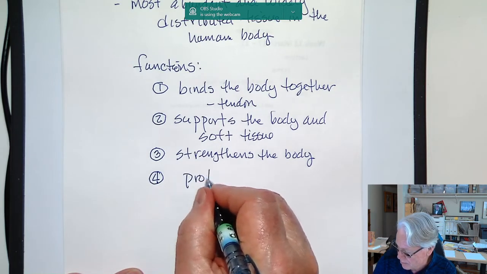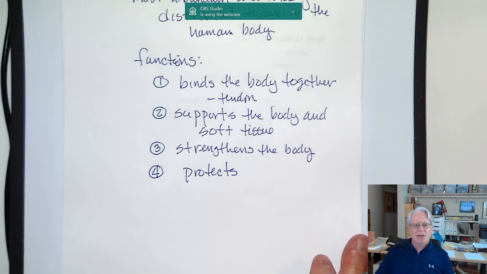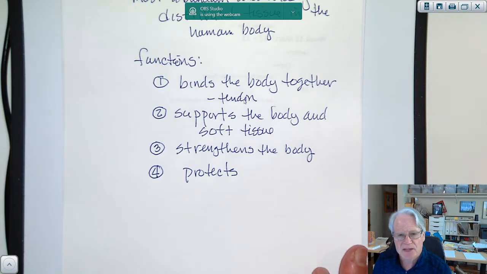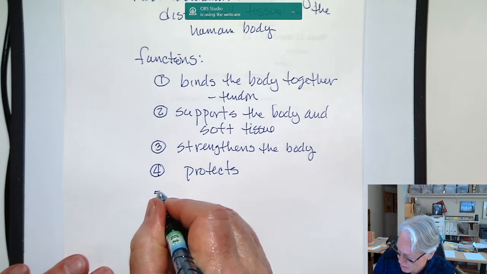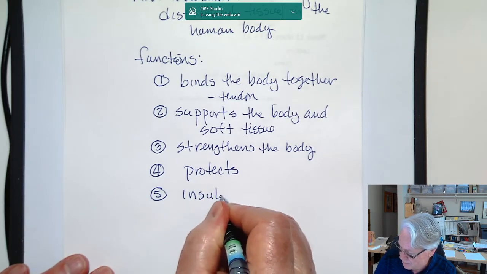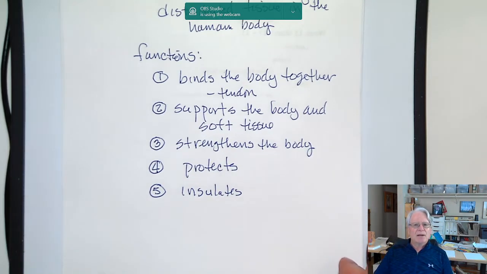Number 4, protects. And a classic example, of course, is the bones that surround the brain. That is a protective function, and we can go on and talk about many different examples of where bones are providing protection to soft tissue. Number 5, insulates. So it is insulating the body. Adipose tissue.